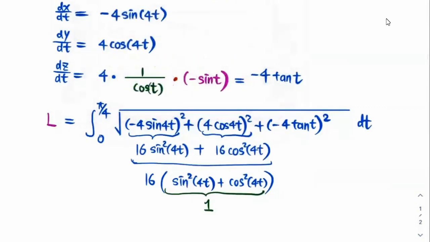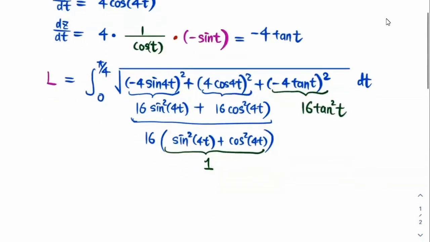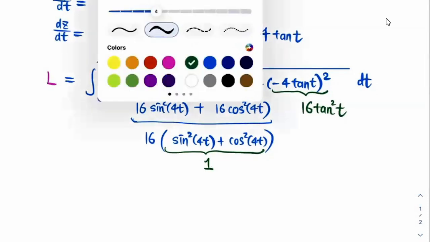All right, now let's get to the second part over here. This part is 16 tangent squared t, right? Let me write the next one.